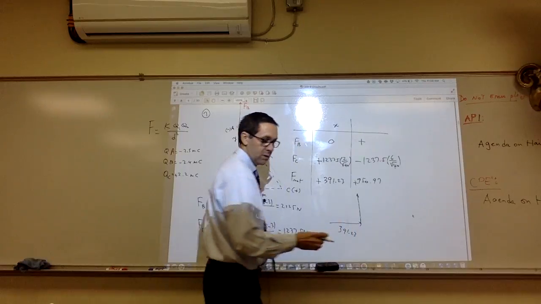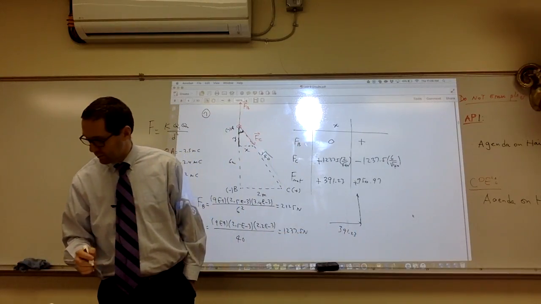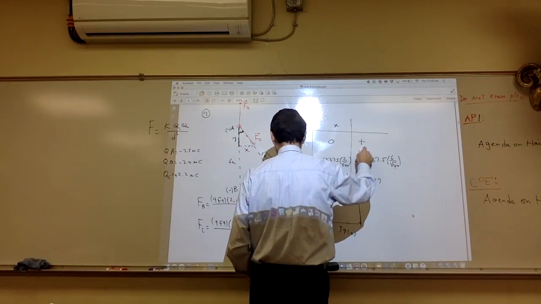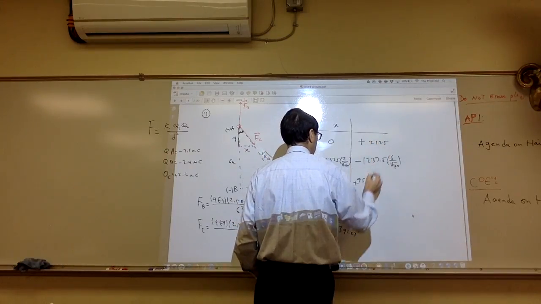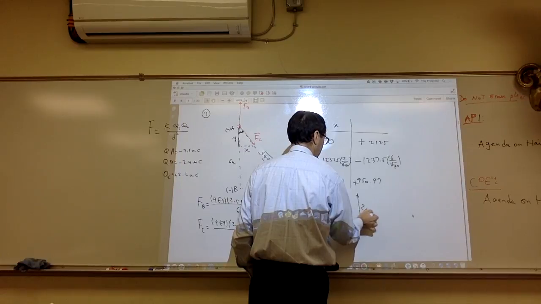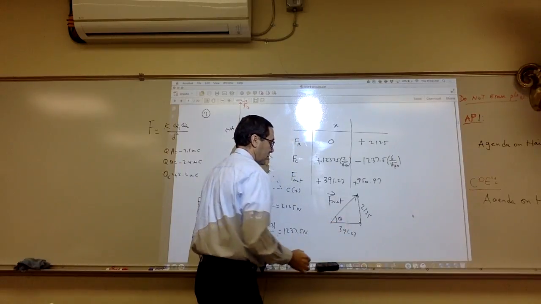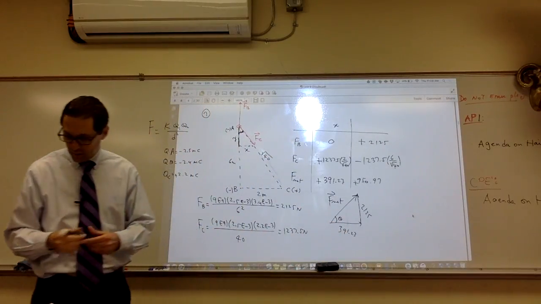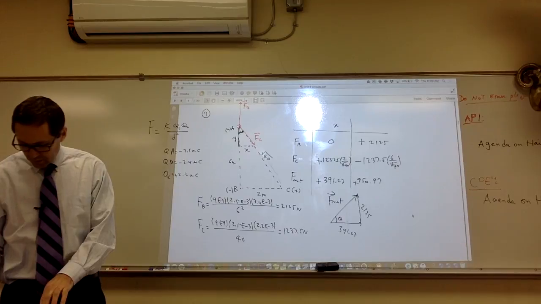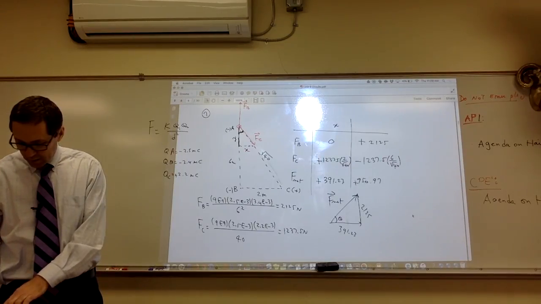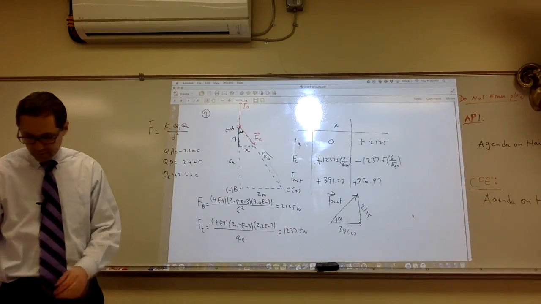This piece here, I didn't find FB. FB is just 2125. So this is 2125. You need to figure out this force here and this angle. So it should end up being 1028.30, and the angle should be about 68 degrees.